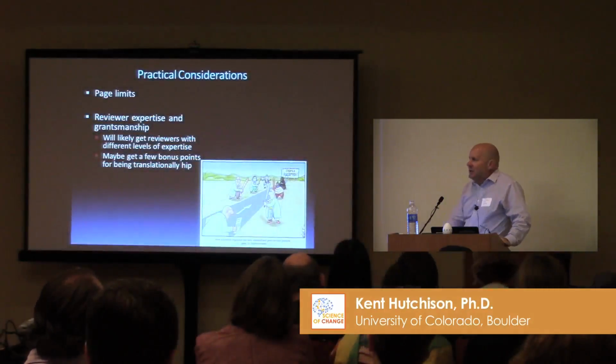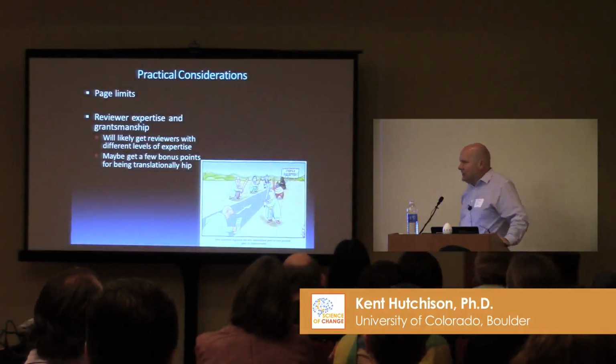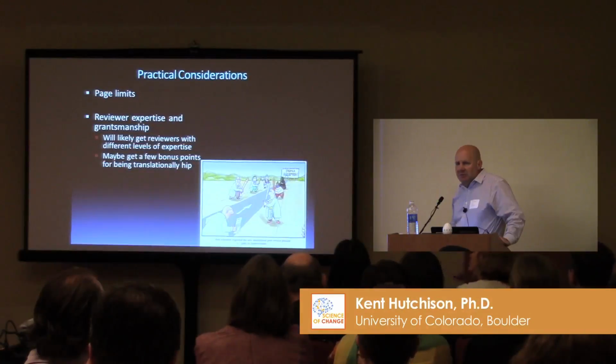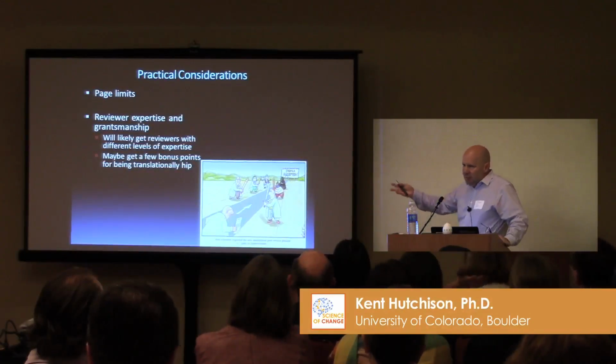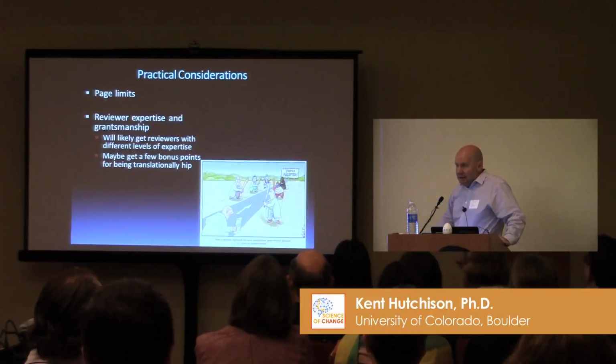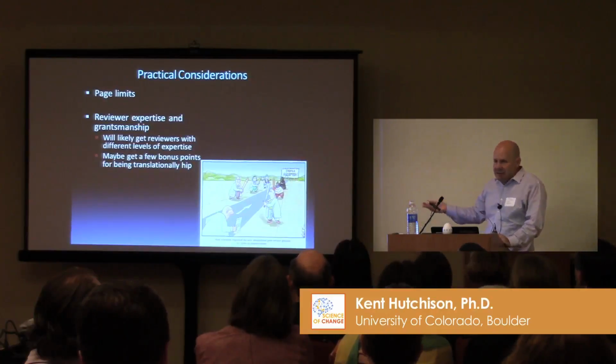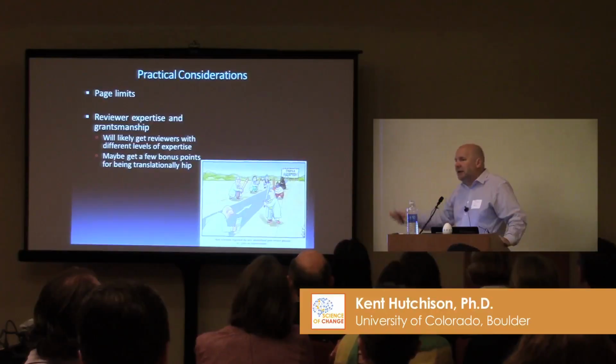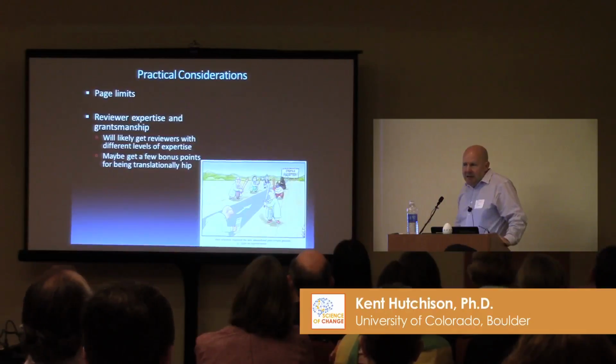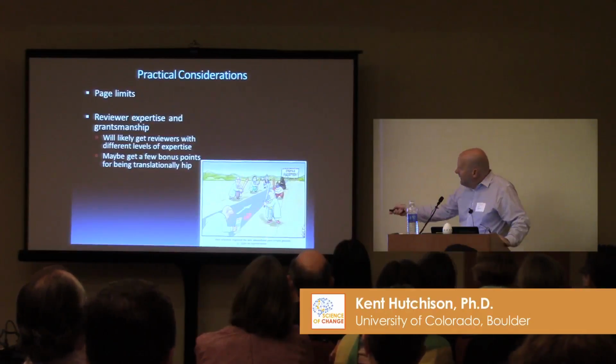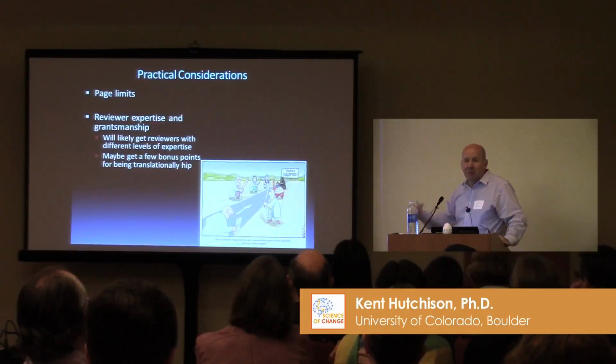So some practical considerations, Kathy mentioned this also, the page limits, right? So you're limited in terms of pages, and so just writing up an analysis section for imaging data and the methods, that can take up a lot of space, and that means there's not space for other things, and so it makes it very challenging. And then Kathy also mentioned, you have to think about, am I going to take a few extra hits along the path to getting something funded, take a few more bruises, right?